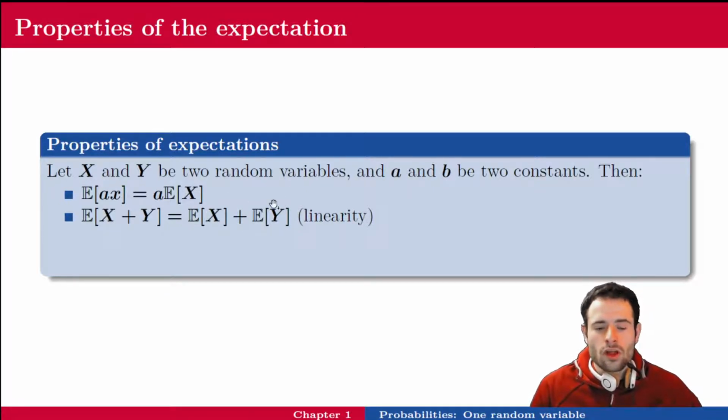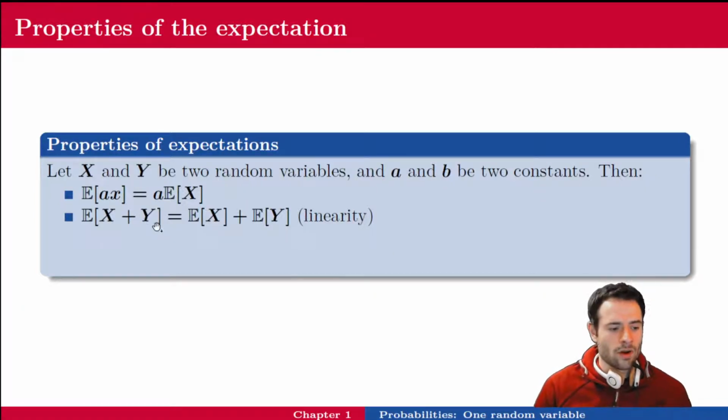This is what we call the linearity. When you have a plus or a minus here in the middle, you can break up the expectation into the expectation of the first term plus or minus, whatever this sign is, the expectation of the second random variable.